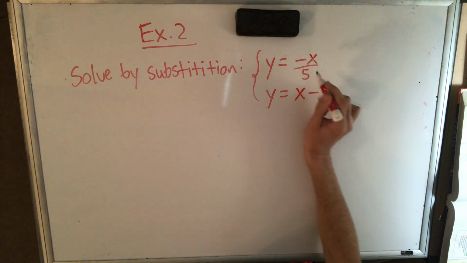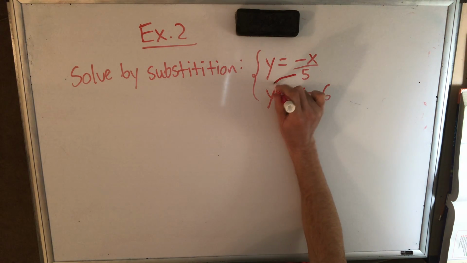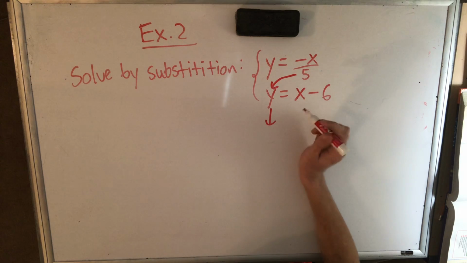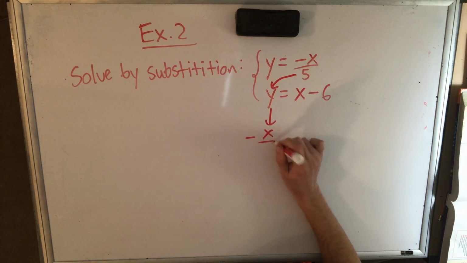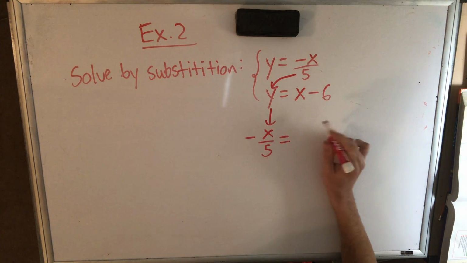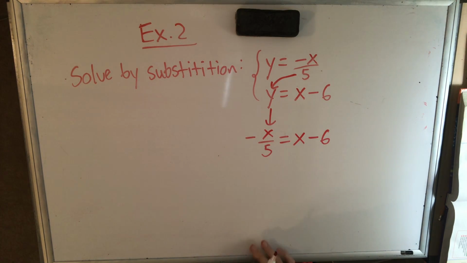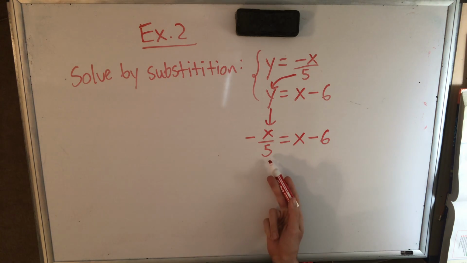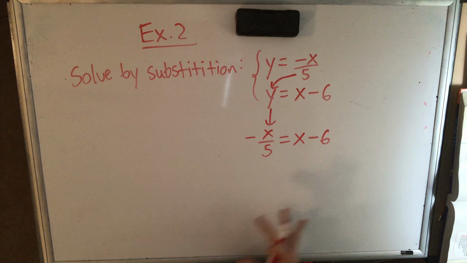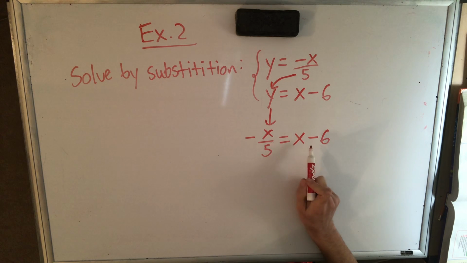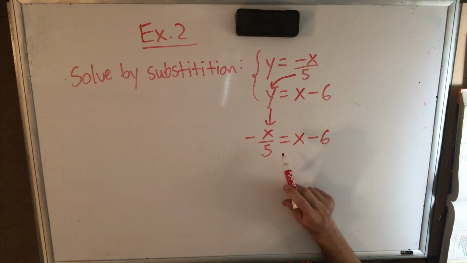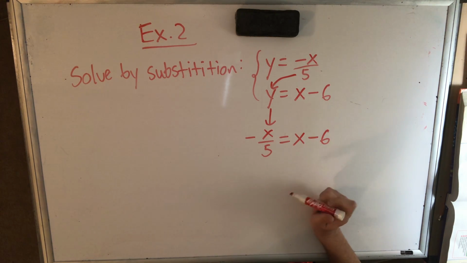Let's substitute in negative x over 5 for y in the bottom equation. That gives us negative x over 5 equals x minus 6. And to get rid of that denominator so that we're not dealing with fractions, multiply both sides of the equation by the lowest common denominator, which is 5.